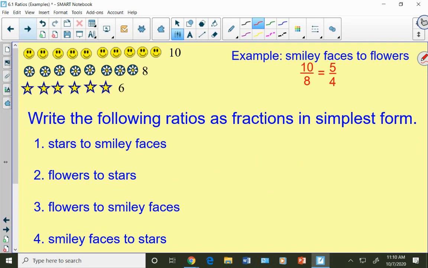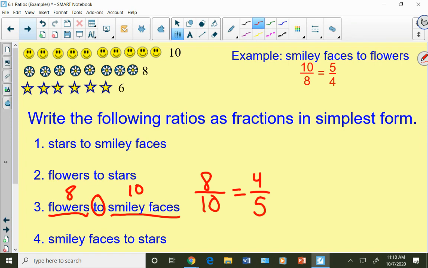All right, now let's try flowers to smiley faces. Flowers is 8, smiley faces is 10. So it's an 8 to 10 ratio. Can that be reduced on the chart? Sure can. Go to your 2's, and that reduces to 4/5.